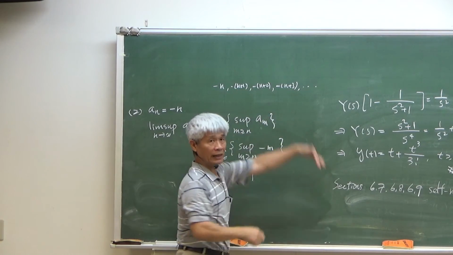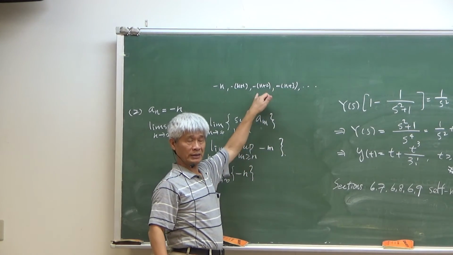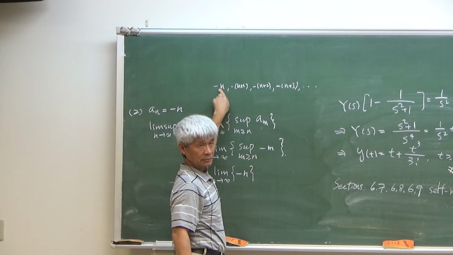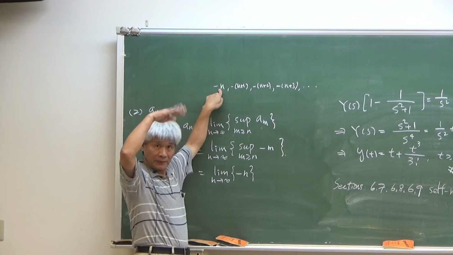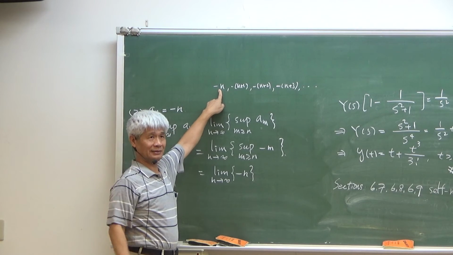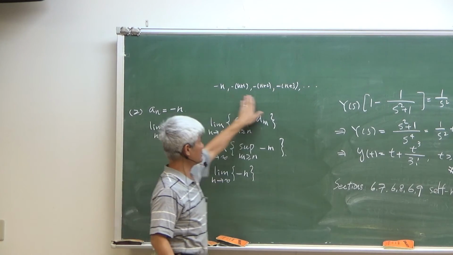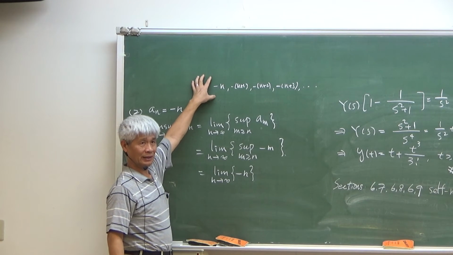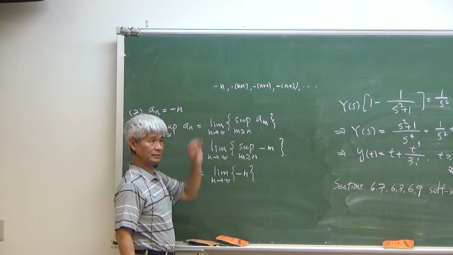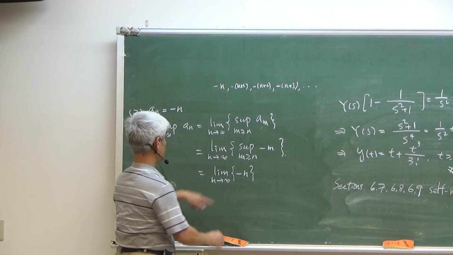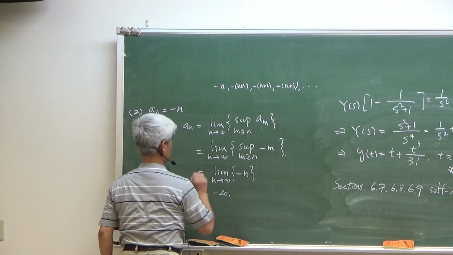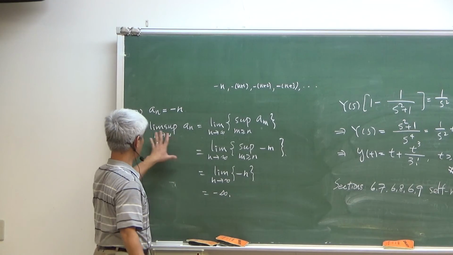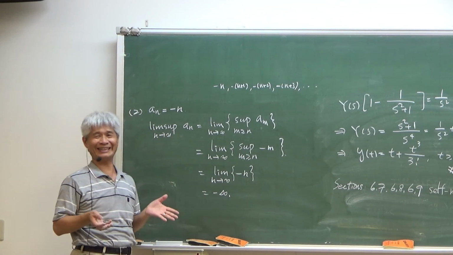So this is going down, right? So what is this upper bound? Minus n. So the upper bound of this sequence is minus n, the head. And so this is minus infinity, of course. As n goes to infinity, this is going to minus infinity. So limsup is minus infinity.